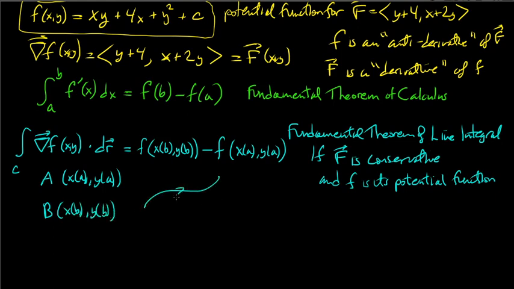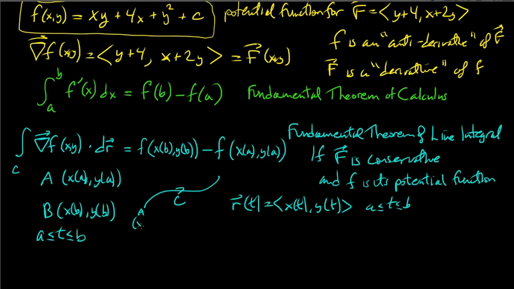Right, so here's your curve C. This is point A. And remember, t varies between little a and little b. So if you have your curve parameterized as x of t, y of t, and t varies between a and b, you can see why I'm calling this x evaluated at a, y evaluated at a.